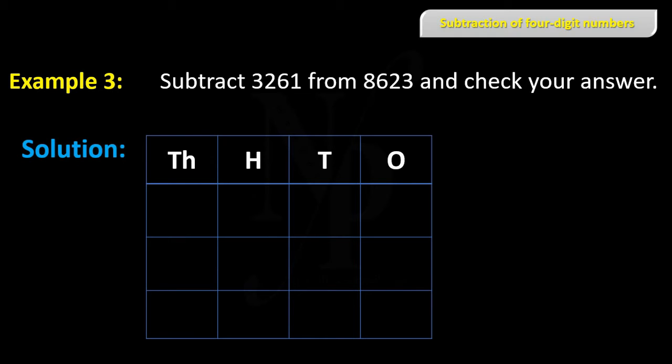Let us write down the given numbers in this place values table. 8623 minus 3261. Subtract now. 3 minus 1 is 2.